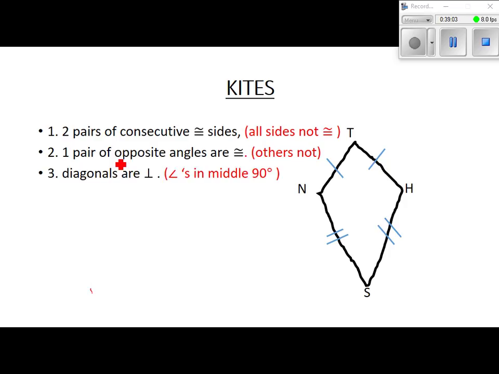Diagonals. If we draw the diagonals in here, what looks to be true about these angles right here, where the diagonals meet? 90 degrees. The diagonals come together to form right angles.